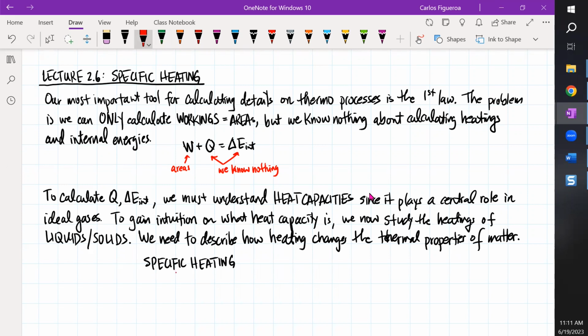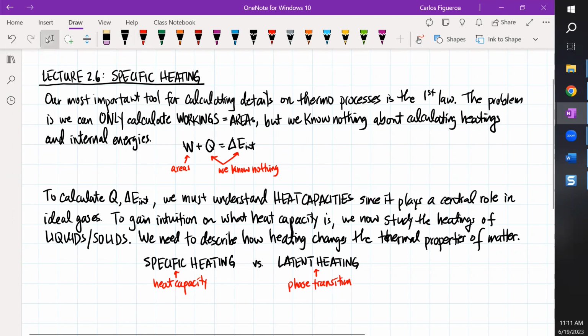This is the type of heating that causes temperature change, and this is where heat capacity lives. And then we're going to compare this to latent heating in the next chapter. This is no temperature change, but a phase transition of the material. So let's go look at that.